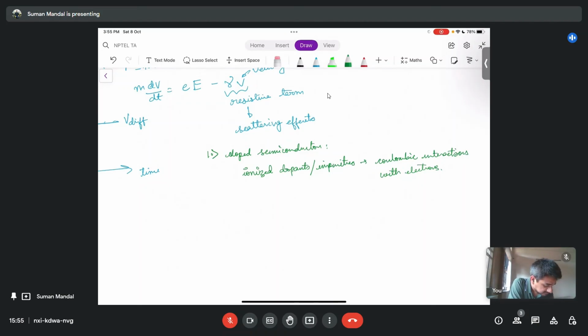As the dopant concentration increases, the scattering effects will also increase. This is called ionic impurity scattering.